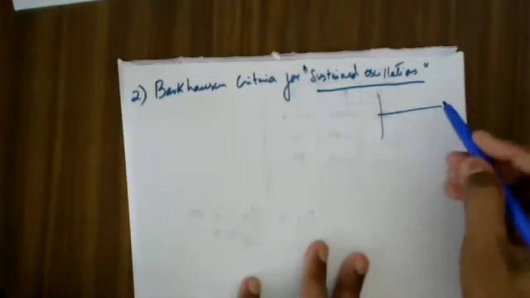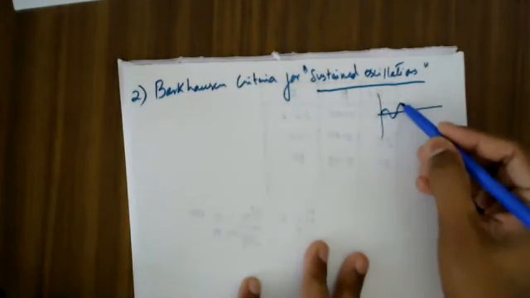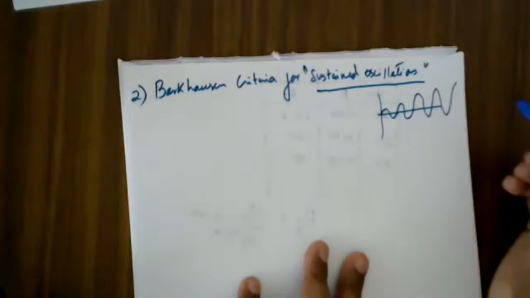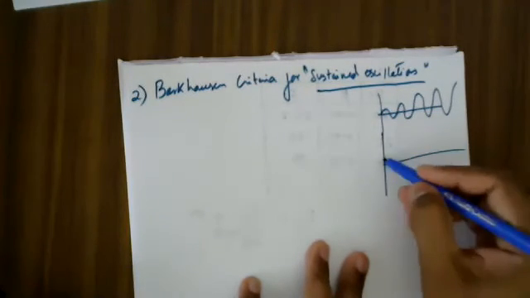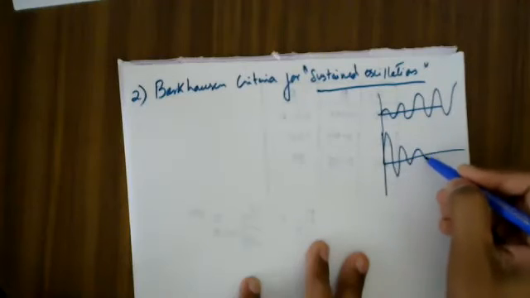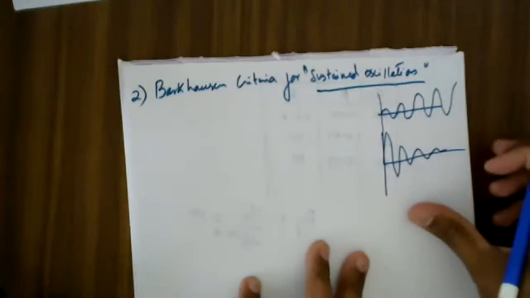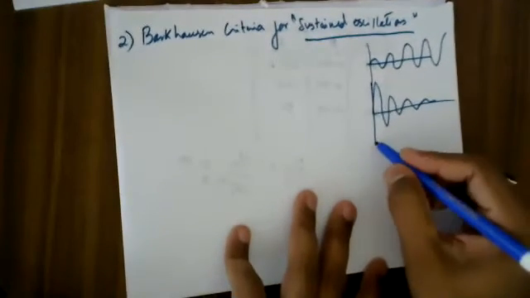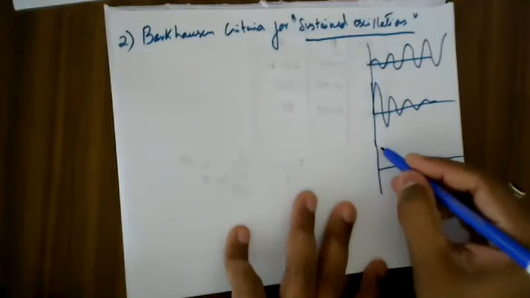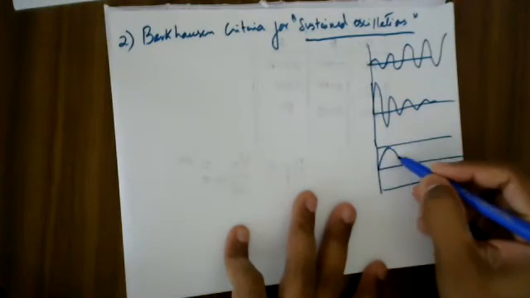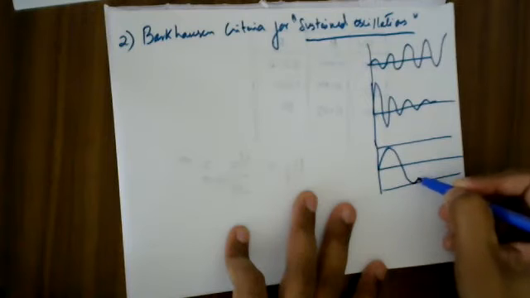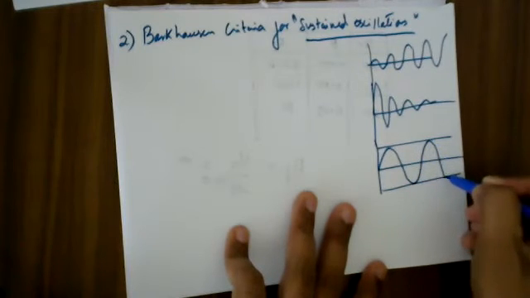Oscillations can be of any type. I can say that if your signal is somewhat like this, it's also an oscillation. But when I say the term sustained oscillation, it means that the amplitude of the signal is not varying, the frequency of the signal is not varying.